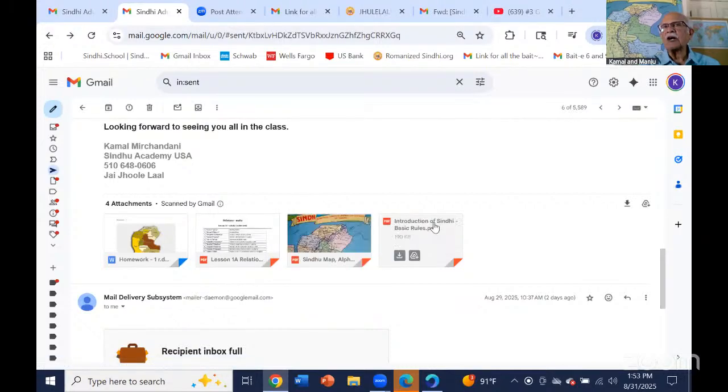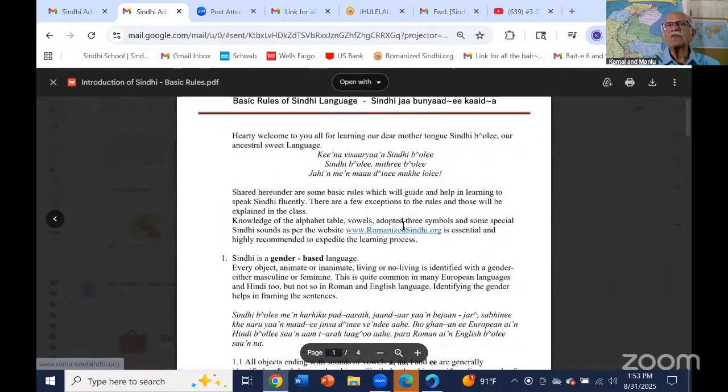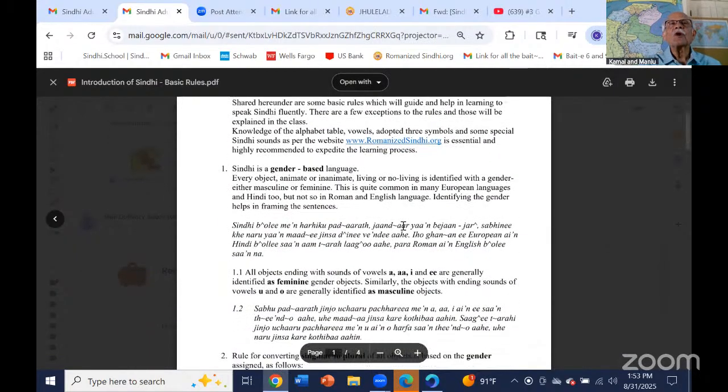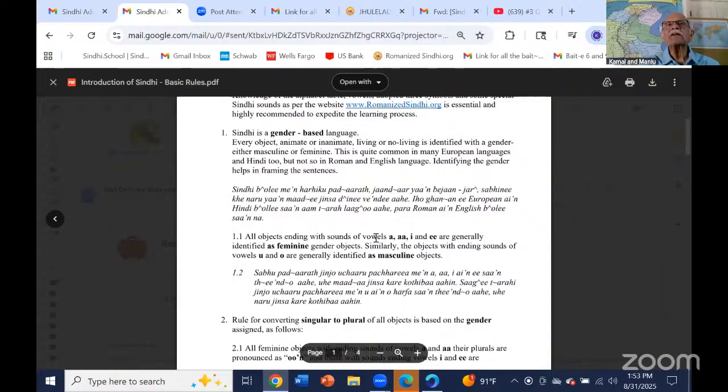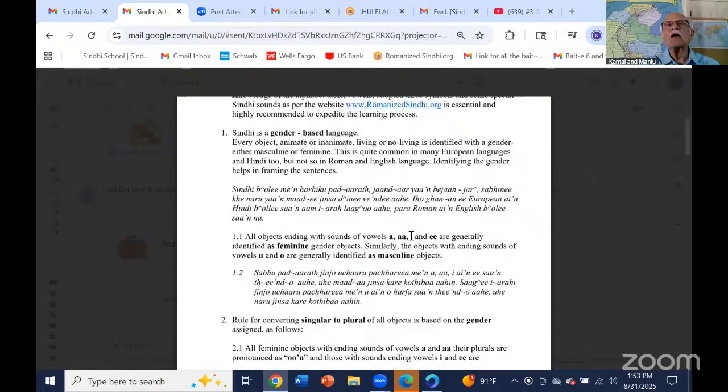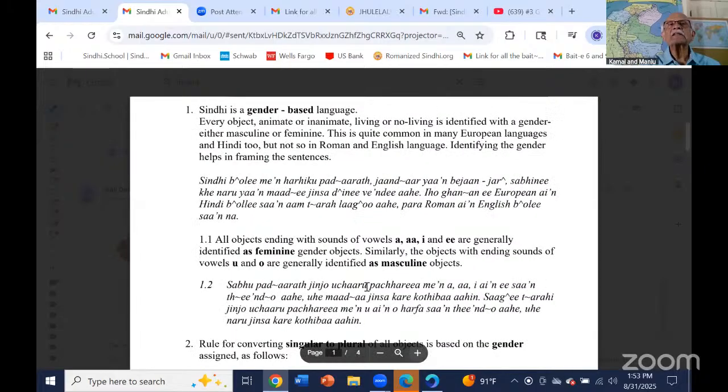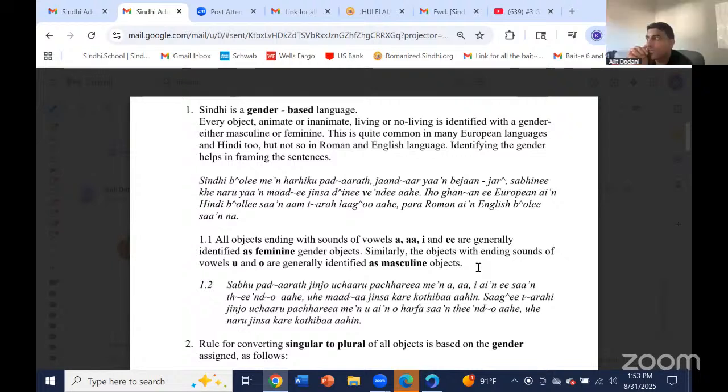If you have printed out the basic rules, today we have dealt with rule number 1, that all objects ending with the vowel sounds A and E are generally identified as feminine. Similarly, objects ending with the vowel sounds U and O are generally masculine. If you keep it in front of you, it will be your good guideline. That is rule number 1.